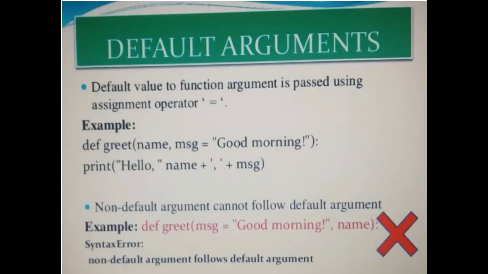Okay, let us see what is a default argument. A default argument is an argument that assumes a default value if a value is not provided in the function call for that argument. Sometimes we can provide default values for our positional arguments. For example, in this case, def is the keyword, then we are giving the function name greet, then we are using the name variable with its value, a message, a default value.